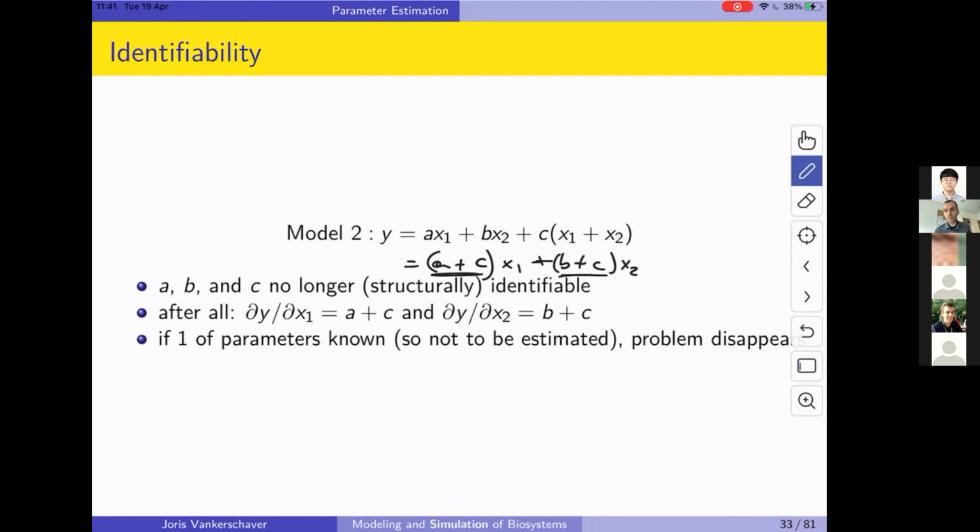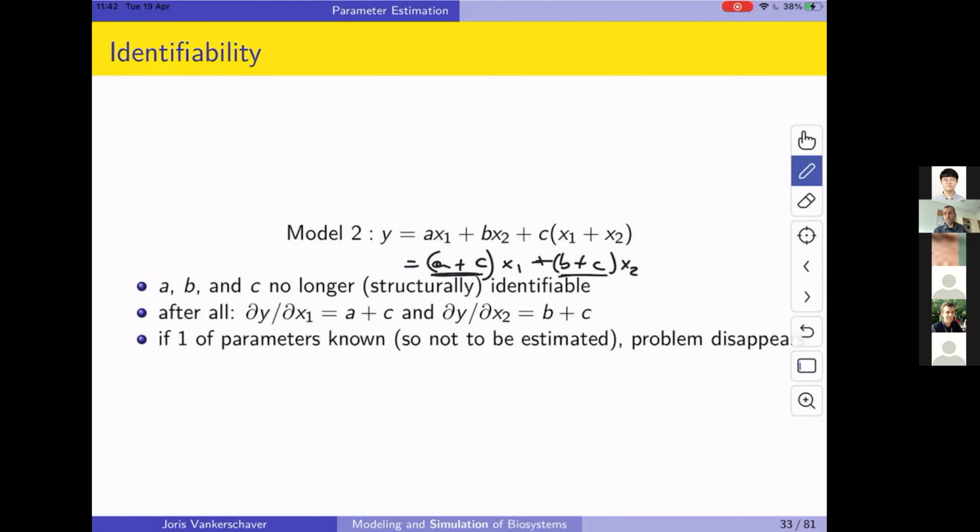This is of course a very synthetic model, but maybe there's something in the domain that allows you to fix one of those values, A, B, or C. Maybe there's some paper where you can say, well, C is typically always 2, so I'm going to fix C equal to 2. If that's the case, then now you have three relations.